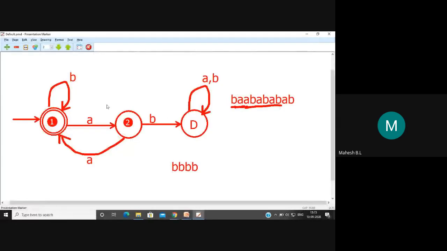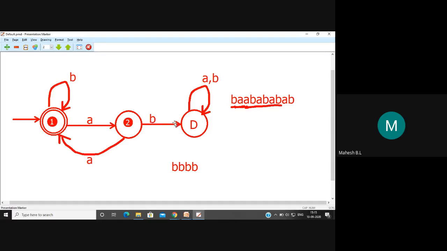For example, here in this case, every region of A must be of even length. So here you have only one A. After a single A, you receive a B. Now, once you have such a situation, it is not possible for the string to be a part of the language.